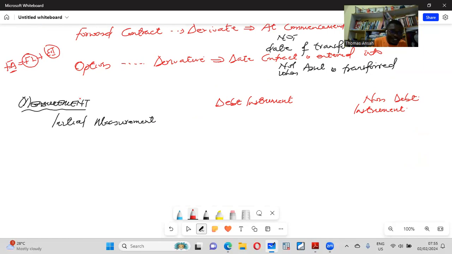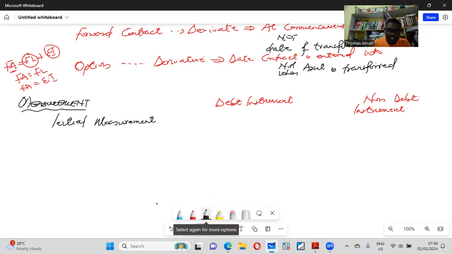So is it that it is a financial asset which is via a financial liability, or is it a financial asset which is via an equity instrument? So which one is which? So that is why you need to know which form of financial asset it is. Is it a debt instrument or is it a non-debt instrument?